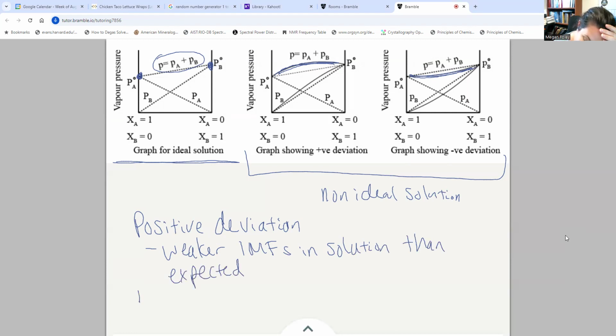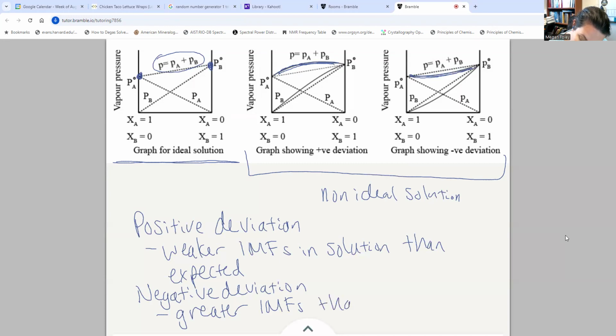And then if we have a negative deviation, where our vapor pressure is lower, that means we have greater intermolecular forces than expected. So the solute-solvent interactions are as strong or stronger than the average of the solute and the solvent individual intermolecular forces.